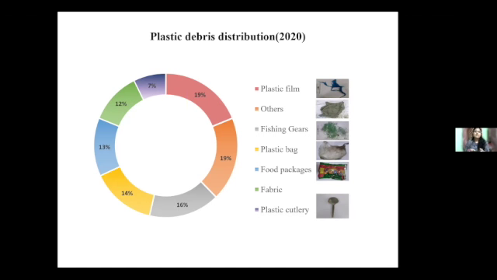Fishing gear includes ropes and fishing nets, and the most abundant, at 19%, is others and plastic film. In others, I got some face masks due to the COVID situation, and also some flowers and small fragments. And also plastic cutlery was there.